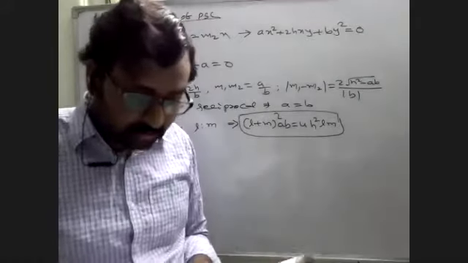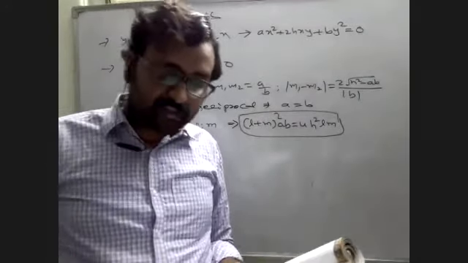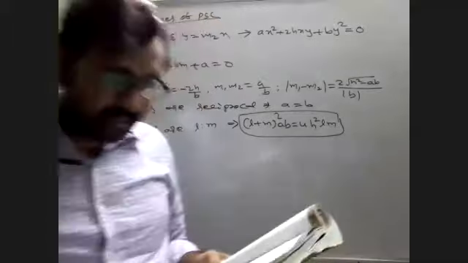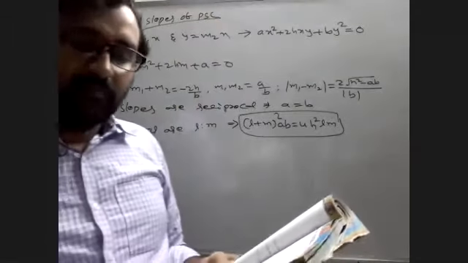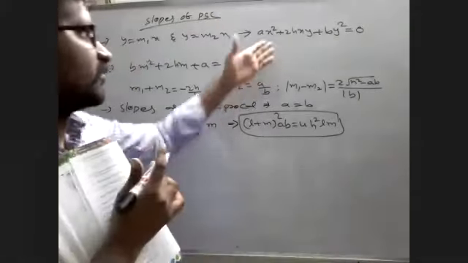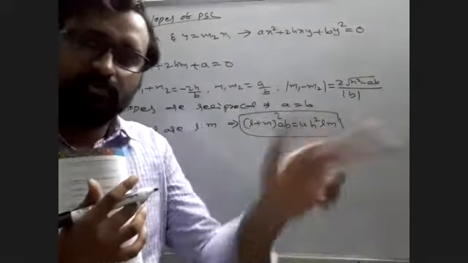And one more, and this one is very important. If the slope of one line, how many lines do we have here? 2 lines. How many slopes do we have here? 2 slopes.